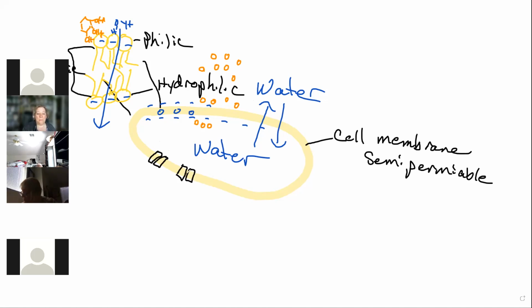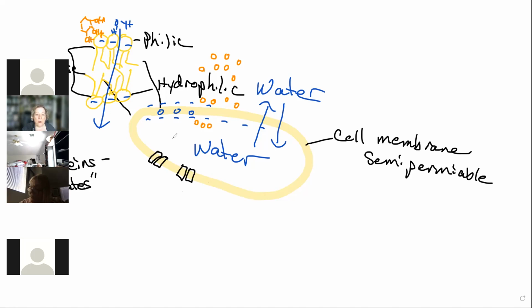But they check to make sure it's the right thing, and once they get the sugar inside, they don't want it getting back out. Once you buy those groceries, you don't want to just toss them in the yard. You spent good money on those. So you want to transport them into the house, into the refrigerator, and you don't want them to get back out. So we have these proteins that act as gates.